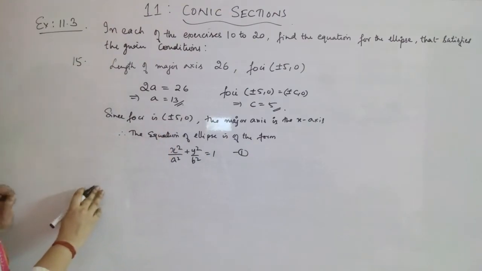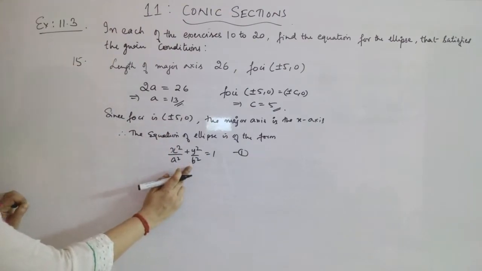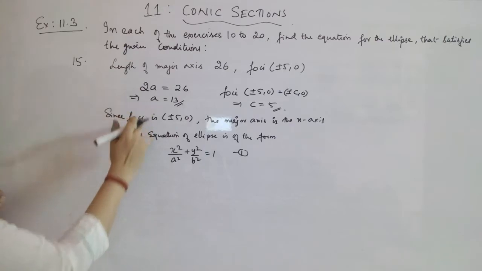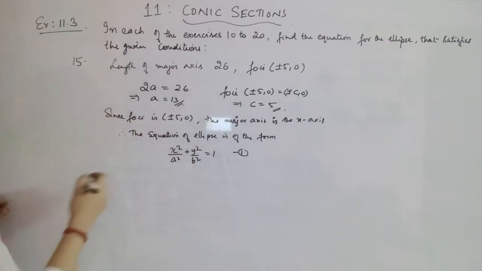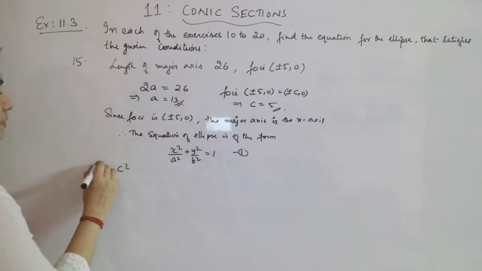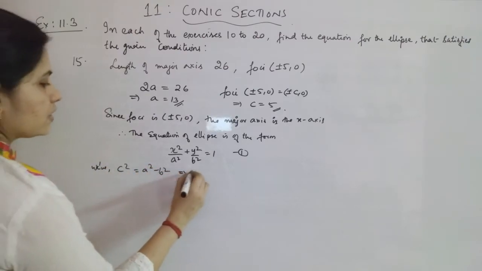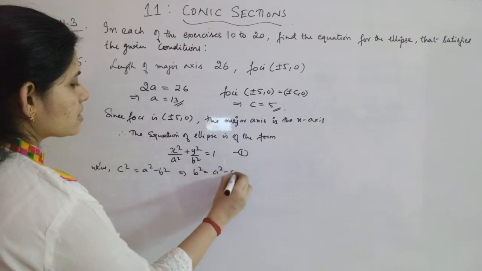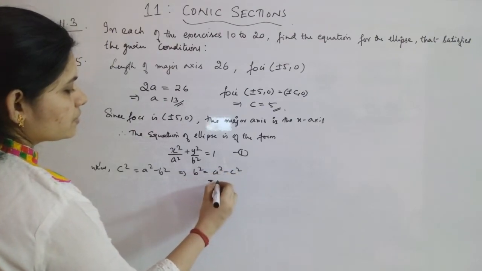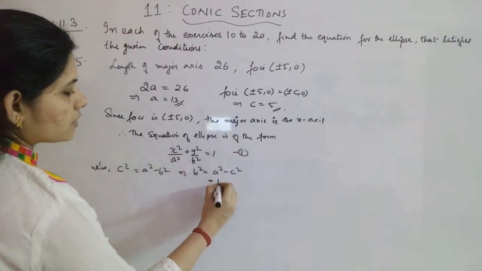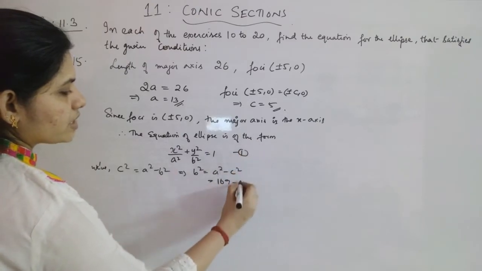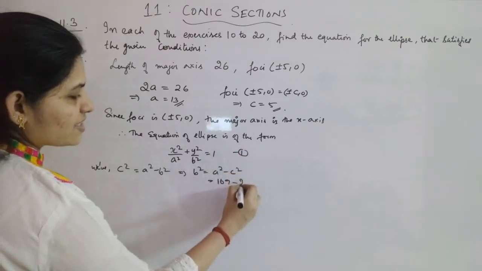Now we will find out what is b, because we have to get the b value. A is already there. So using c, we will find out what is b. Again we have c square equal to a square minus b square. That will give you b square is equal to a square minus c square, which is equal to 13 square, 169, minus 5 square, which is 25.